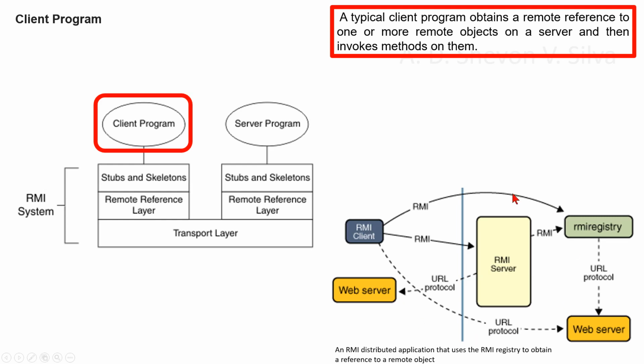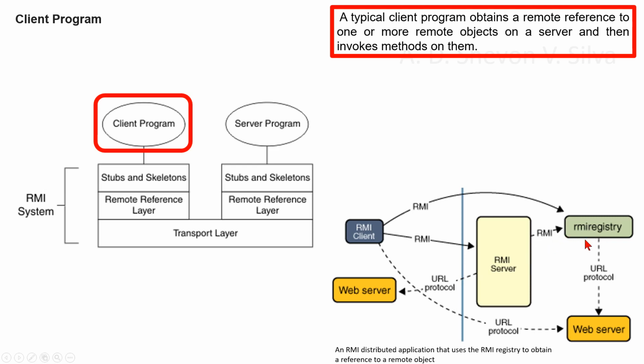This illustration depicts an RMI distributed application that uses the RMI registry to obtain a reference to a remote object. The server calls the registry to associate, or bind, a name with a remote object.